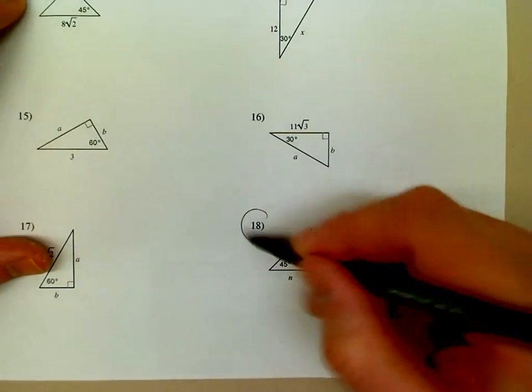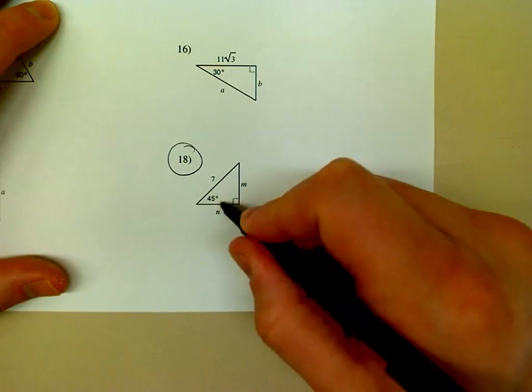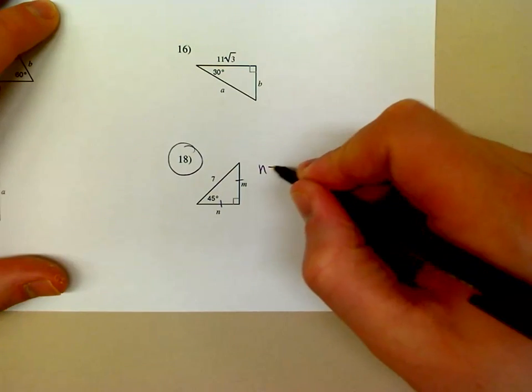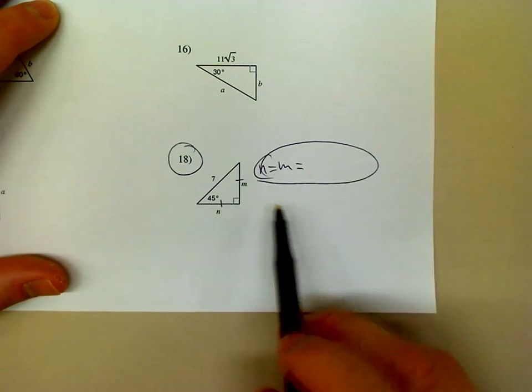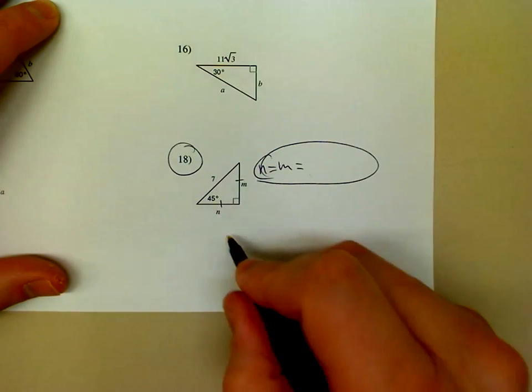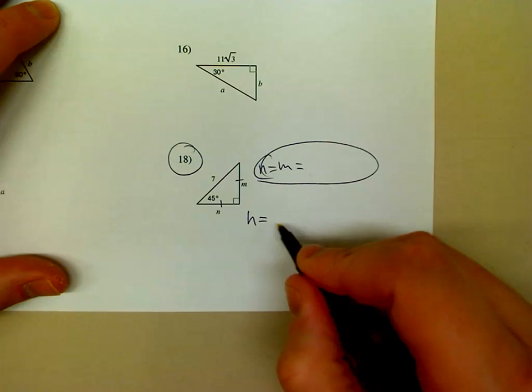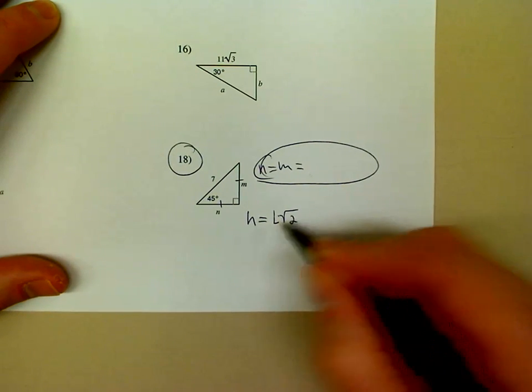Let's do number 18. We're looking at a 45, 45, 90, so those are congruent. N equals M equals, I'm going to put my final answer right there, just to say that these are both equal to whatever I get for my final answer. So remember, the hypotenuse equals the leg times the square root of 2.